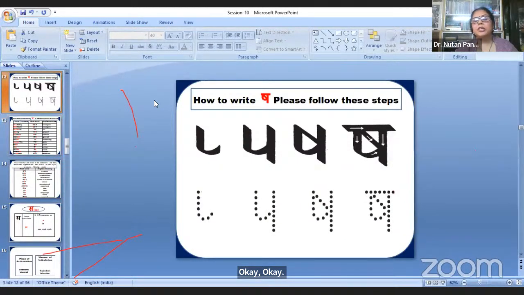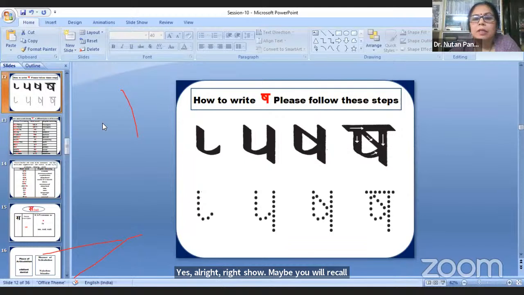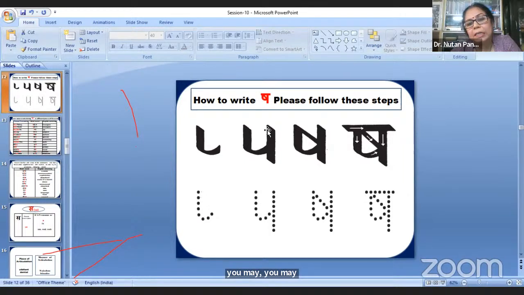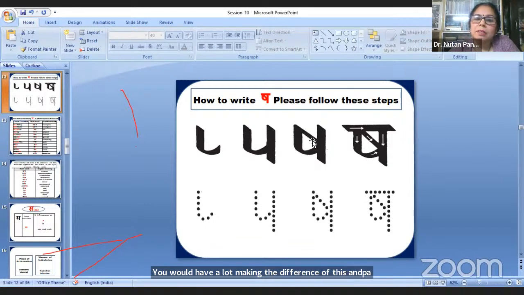How to write sha? Maybe you will recall how we write pa. This is the sound and this is the method of making pa. In previous classes, you have learned making the consonant pa. The difference between this sha and pa is only this line.